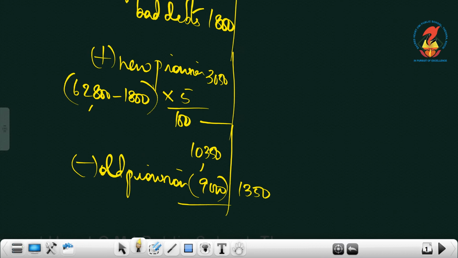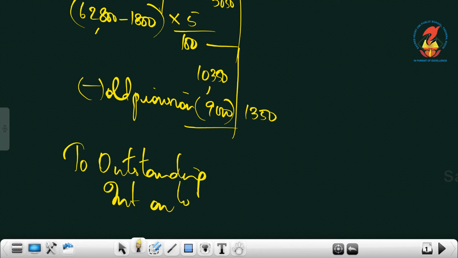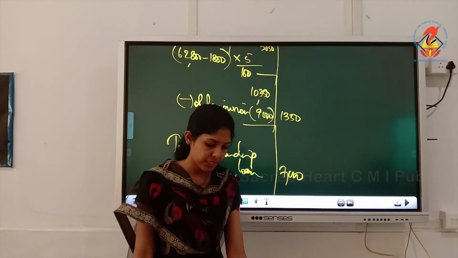Then we have the loan adjustment, outstanding interest, which should come on the debit side. So write to outstanding interest on loan, and that interest is directly given, 7,000.